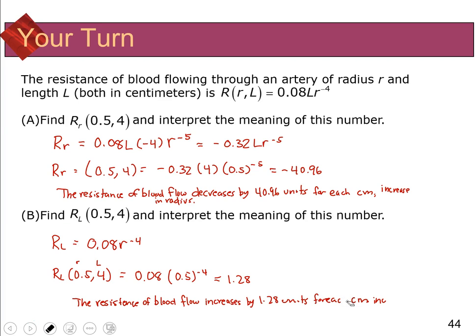Why? In length of the artery. So basically, there's going to be more resistance because it has to go a further distance through the artery in that kind of situation.